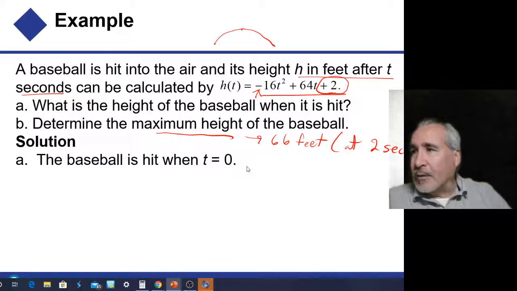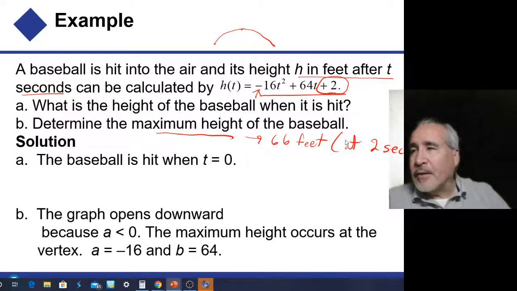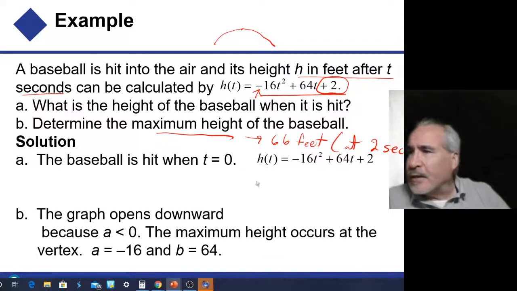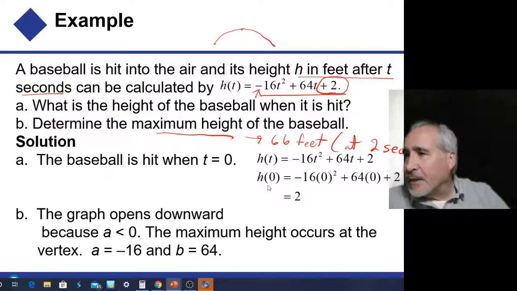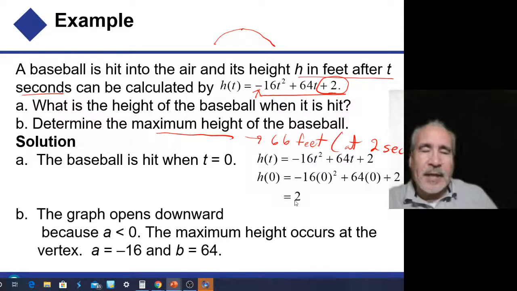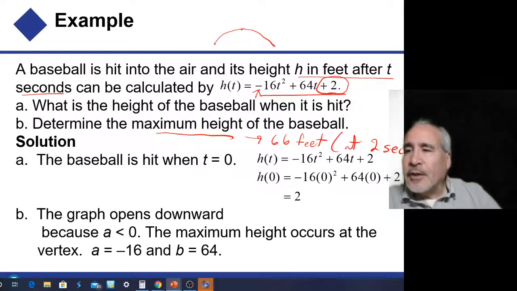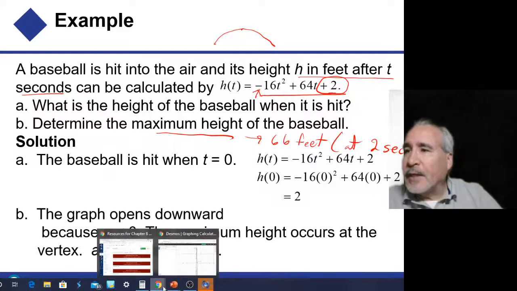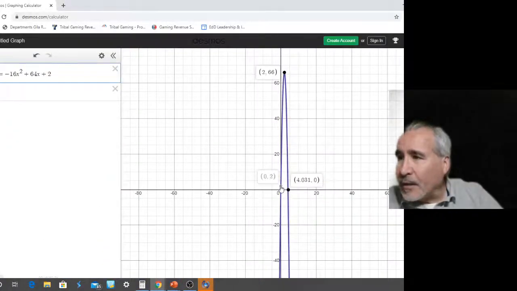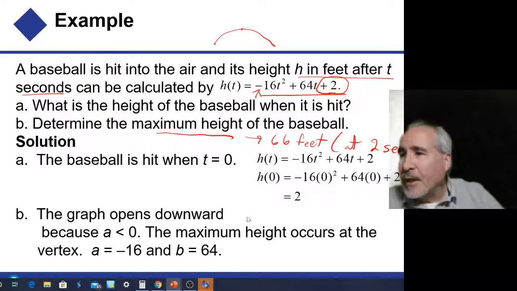It was hit at t equals 0, so you plug that in, and you see that it's 2 feet. Okay, that's what we did. Also, graphically, it shows up here as the y-intercept. So you'll see that that's the height of the ball.